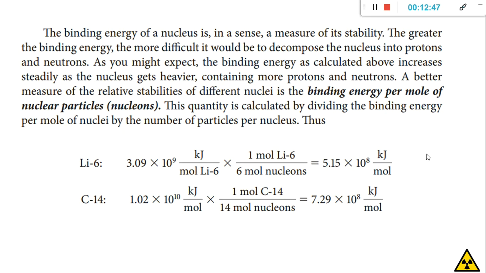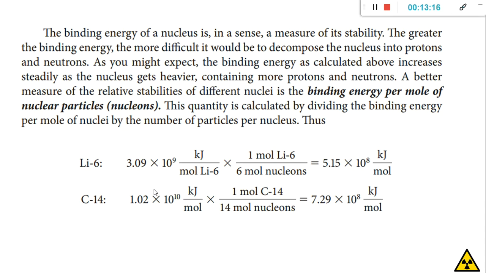As you might expect, the binding energy as calculated above increases steadily as the nucleus gets heavier, containing more protons and neutrons. So, a better measure of relative stabilities of different nuclei is the binding energy per mole of nuclear particles, or nucleons. This quantity is calculated by dividing the energy per mole of nuclei by the number of particles per nucleus.